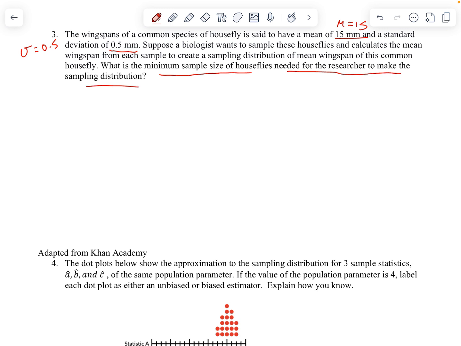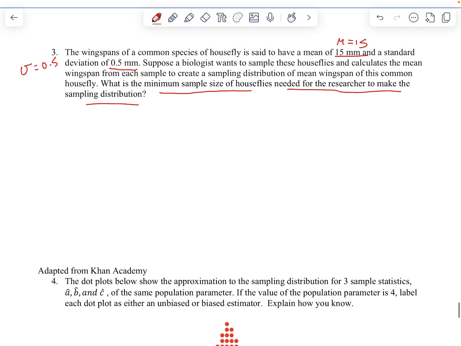So we don't know anything about whether the population distribution is normal. So to be sure that the sampling distribution for sample means is going to be approximately normal, we need to meet the large enough condition. Because again, we're talking about sample means now.